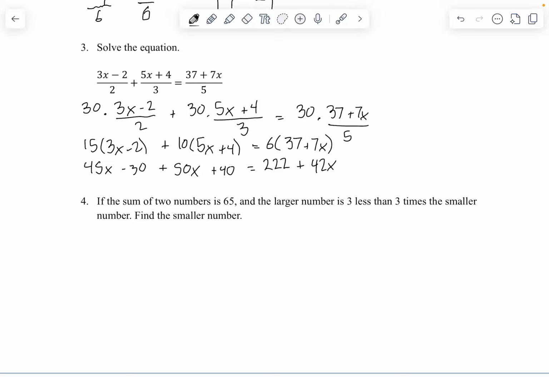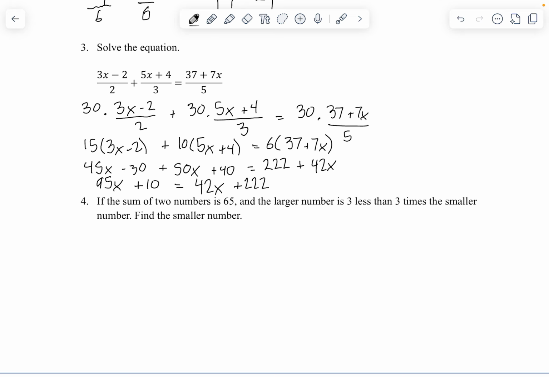Okay, so 45x plus 50x is 95x. Negative 30 plus 40 is 10. Now over on the right, I have 42x plus 222.